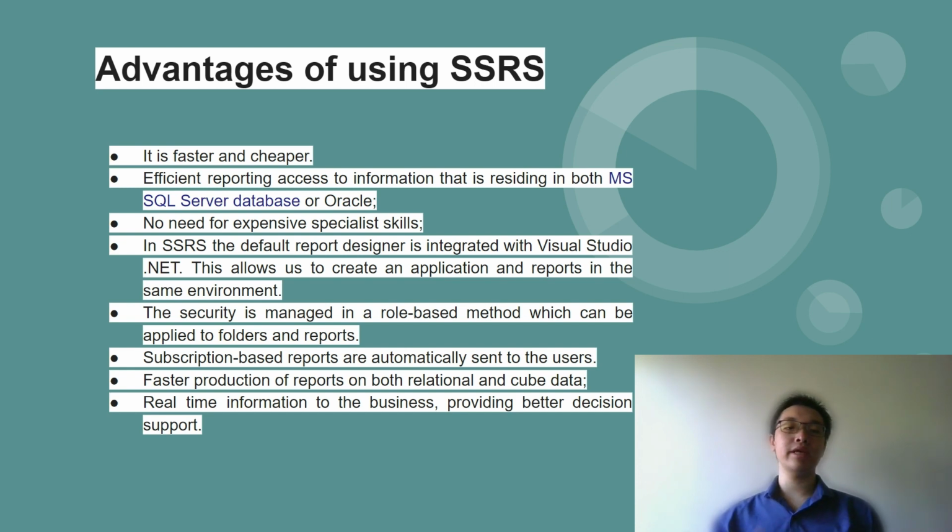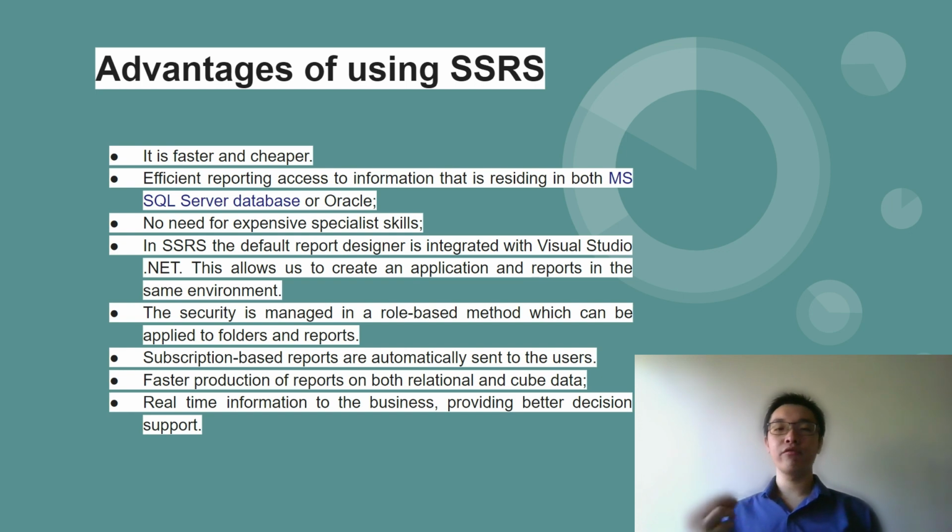The next one, I could say that the security is managed in a role-based method which can be applied to folders and reports. Subscription-based reports are automatically sent to users, faster production of reports on both relational and cube data.